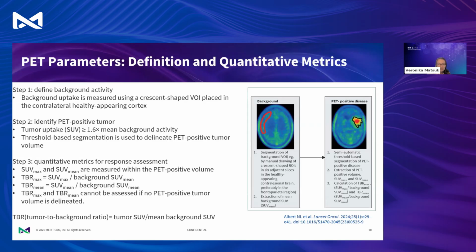That constraint can directly determine which response categories are available to the patient, which is what we will cover in the next section. But from a CRO perspective, all of this, the background placement, the thresholding, the normalization method, needs to be fully pre-specified in the imaging charter before the first patient is scanned.